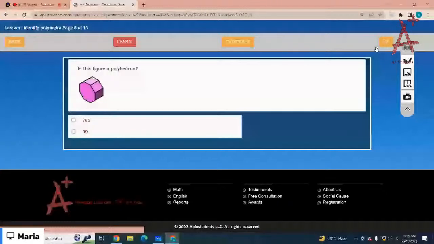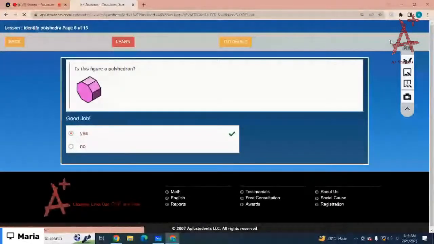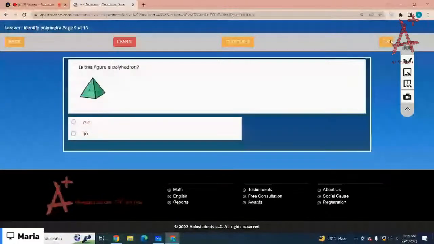Is this figure a polyhedron? Yes, it is. Is this figure a polyhedron? Yes, it is.